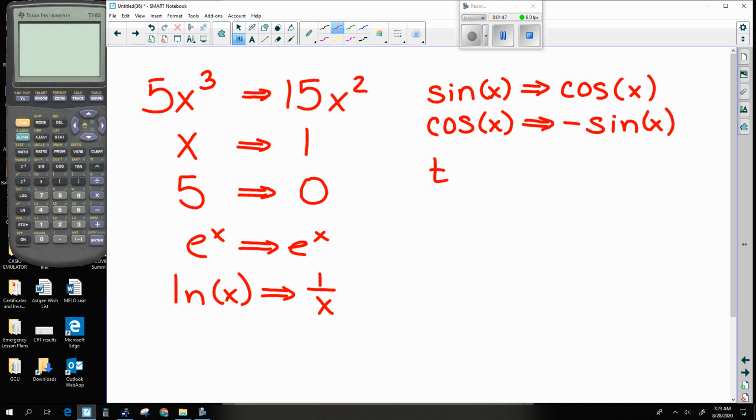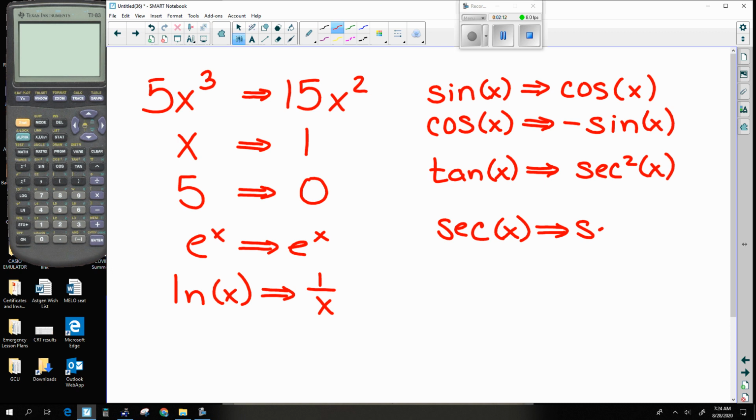Tangent is a secant squared. Leave a little space here. Secant is secant tangent.